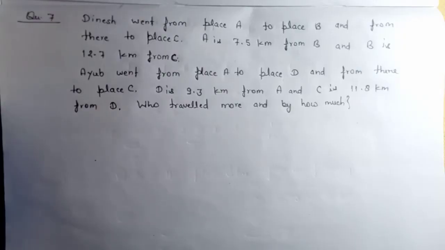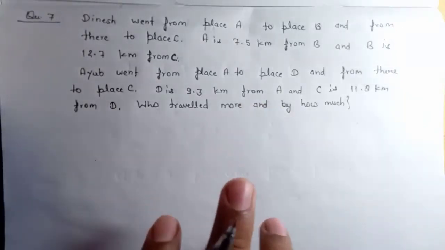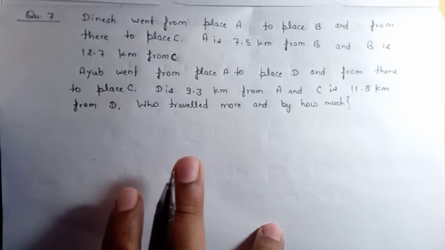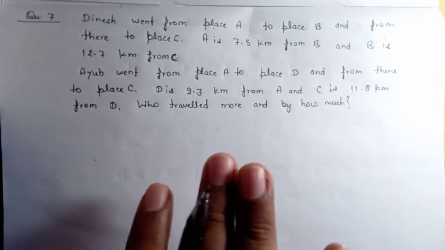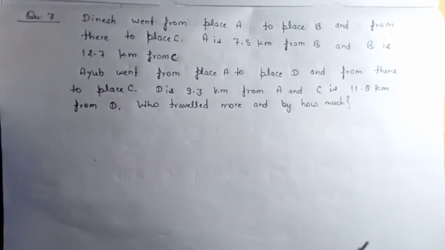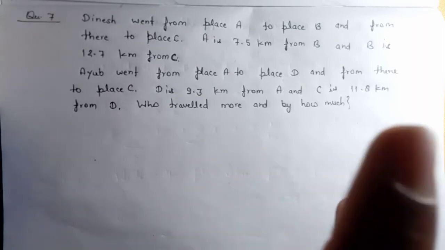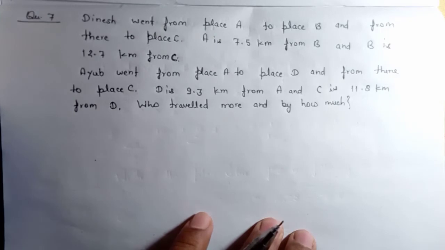In this question it is said Dinesh went from place A to place B and from there to place C. A is 7.5 km from B and B is 12.7 km from C. Ayub went from place A to place D and from there to place C. D is 9.3 km from A and C is 11.8 km from D. Who travelled more and by how much?